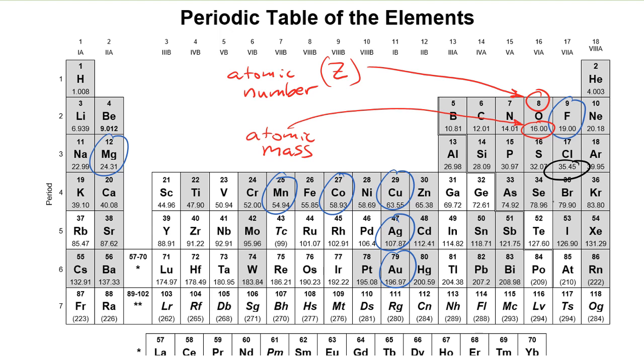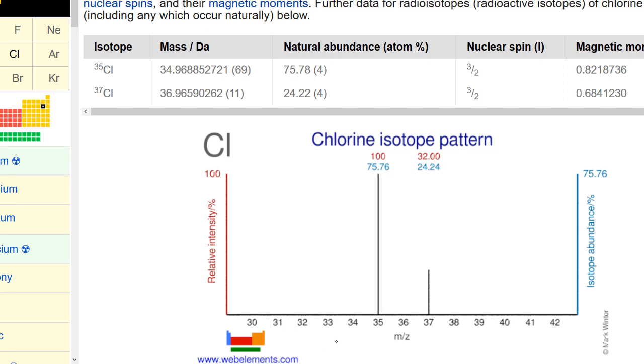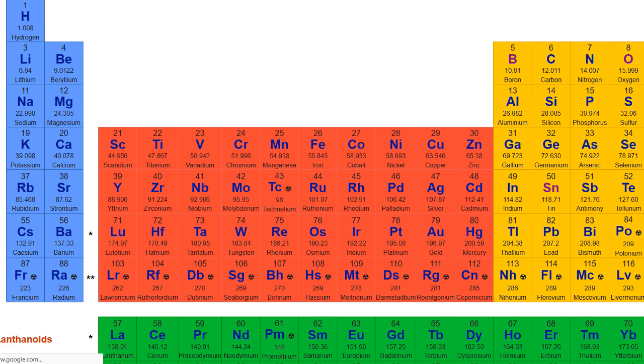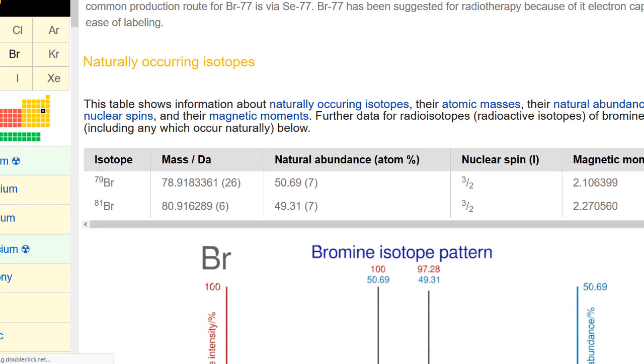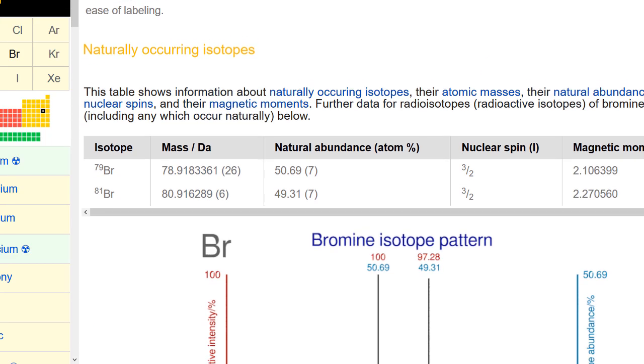If they're going to be closer to one, it's probably closer to 79. And if you come back and look at bromine on our table of isotopes, you would see indeed that bromine does have two naturally occurring isotopes. They are about equal, but the one that's more abundant is, in fact, bromine 79.